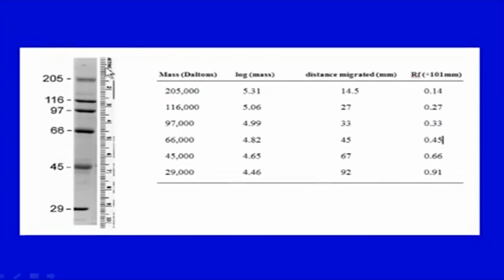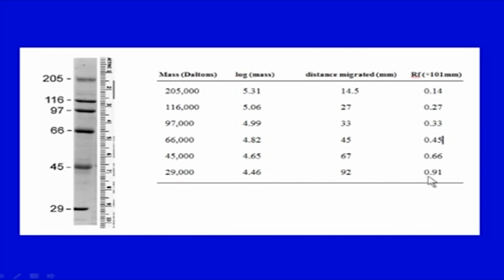So, what is done? For example, this is your standards here. The migration of the standards could be taken. These are the molecular masses here, you calculate the log of molecular mass, and then here distance migrated. So, you have distance like 14.5 millimeter for this band and likewise 92 millimeter for the last band, and total gel length will be around 100 millimeter.